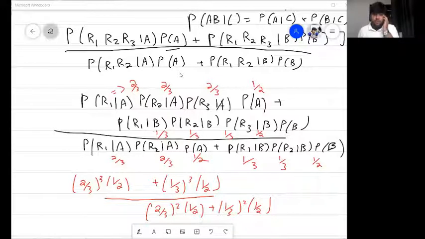Note how for that to be the case, your successive events, like in this case R1, R2, R3, need to be conditionally independent on a certain event, in this case A or B. These are the parameters that you have to check before you use this. Otherwise, if those successive terms are not conditionally independent, please do not convert this into Laplace's rule.